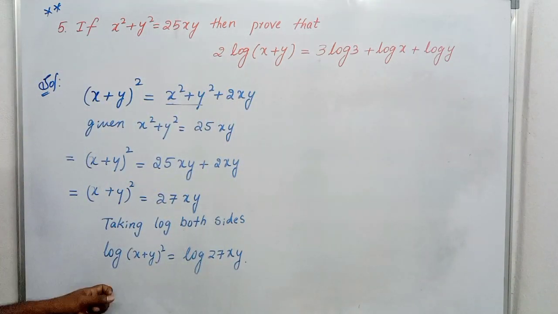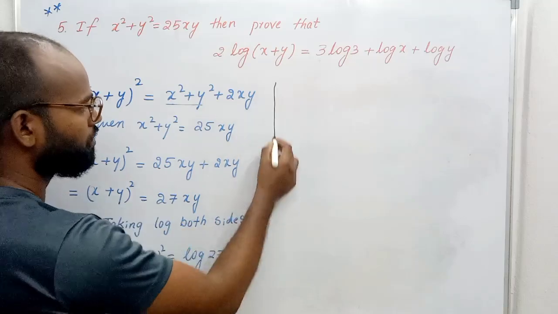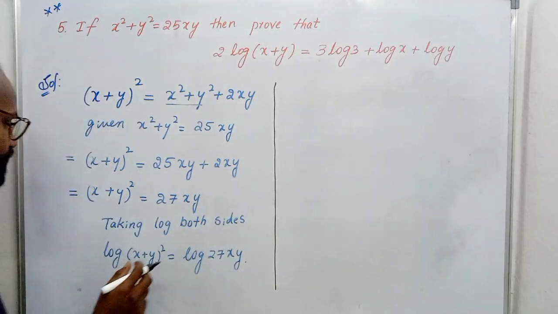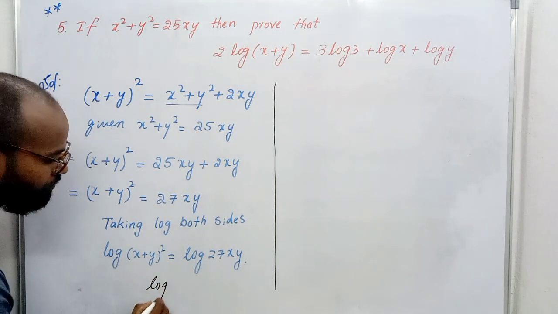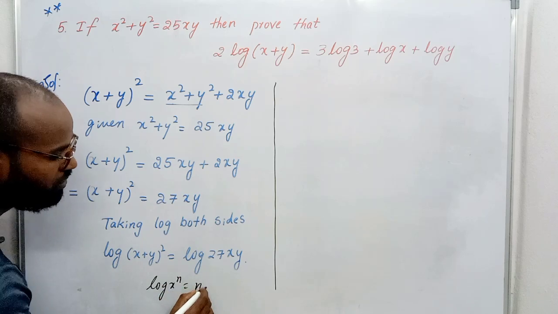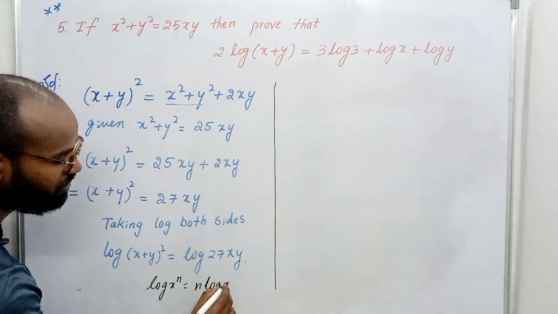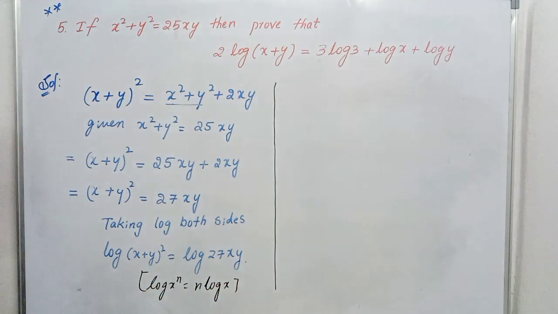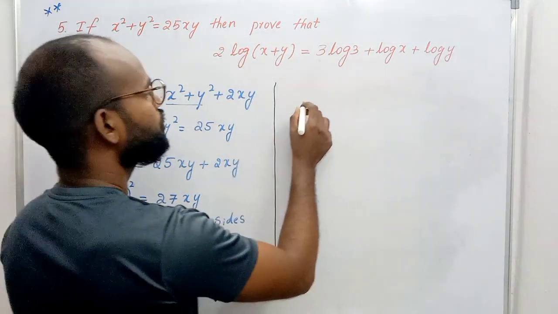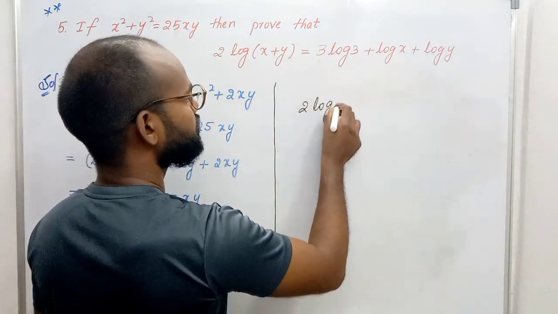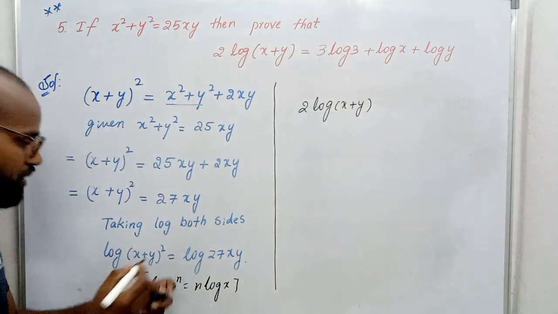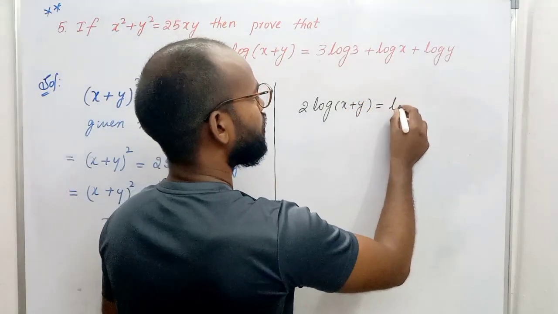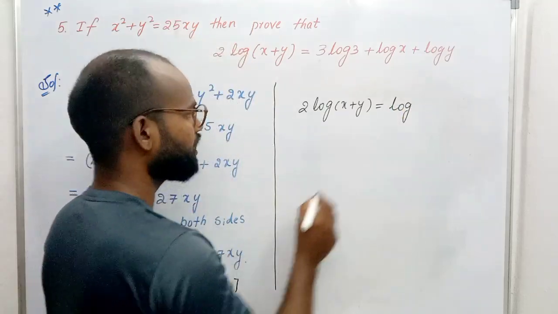Now see, half of the problem is solved. Next half. Here it is in the form of log x power n, which equals n log x. So I am writing here 2 log of x plus y equals log 27xy as it is.